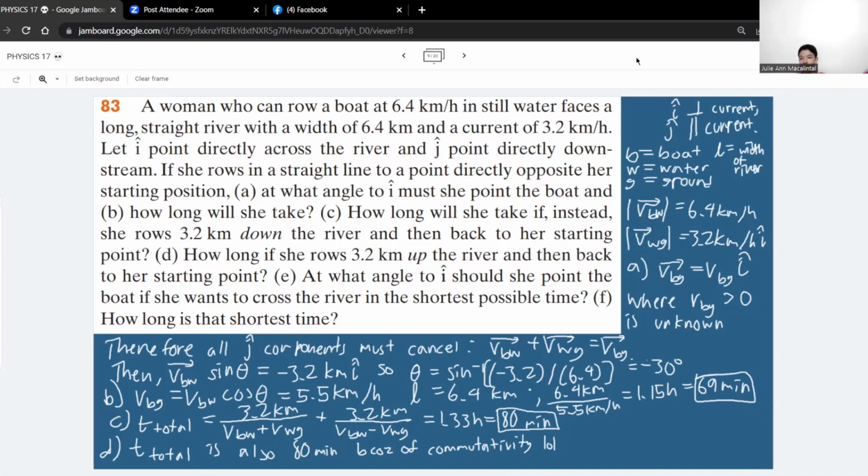and then back to her starting point. If she wants to. Teka, check ko. How long will she take?